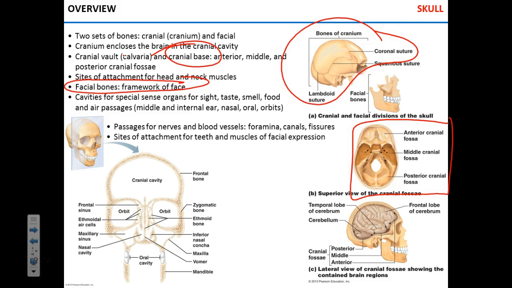Does that make sense? A fossa, as we mentioned before, is a shallow depression. And in this case, the shallow depression houses the human brain. On the outside, especially those projections on the occipital bone, represent the attachment sites for the muscles of the neck and the back.